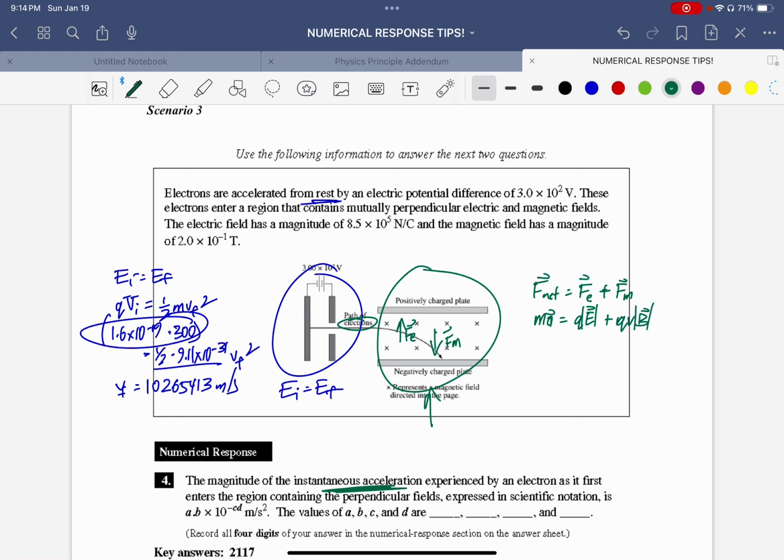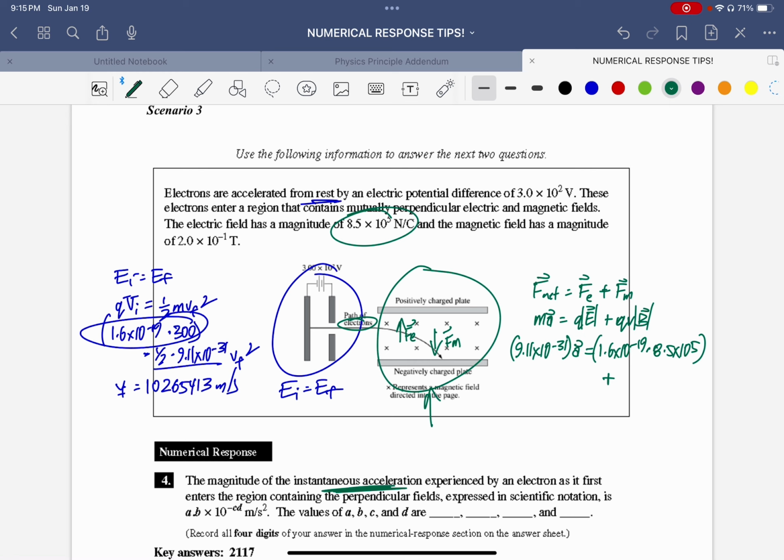Sub in some numbers here. We're given a mass here. It's an electron, 9.11 times 10 to the minus 31. Solving for a, this is good because a is there and that's what we're looking for. q of an electron is 1.6 times 10 to the minus 19. The electric field is 8.5 times 10 to the 5 newtons per coulomb.